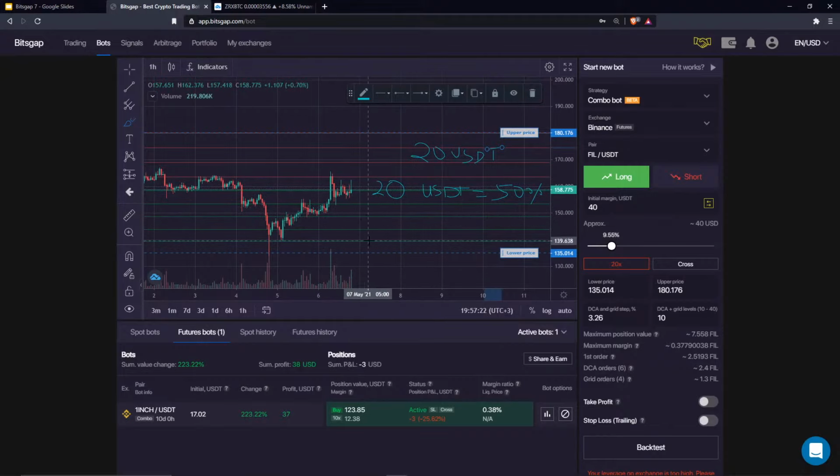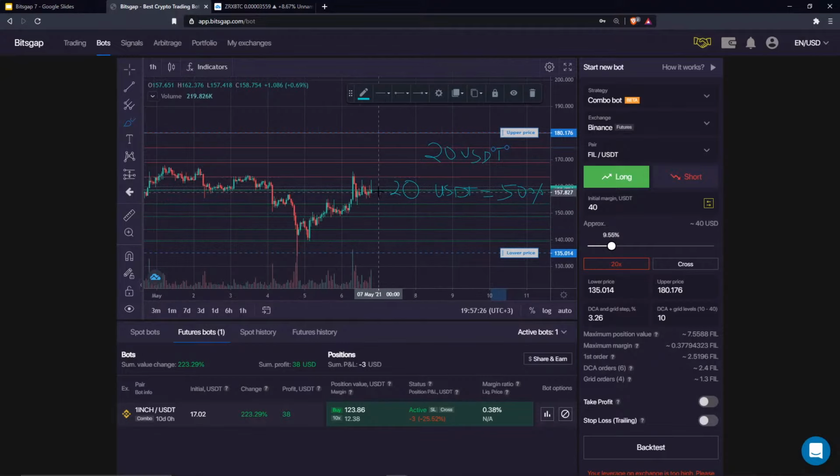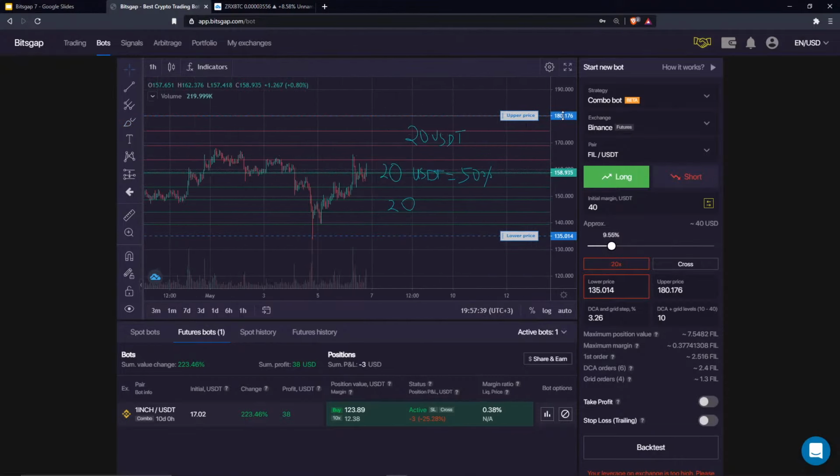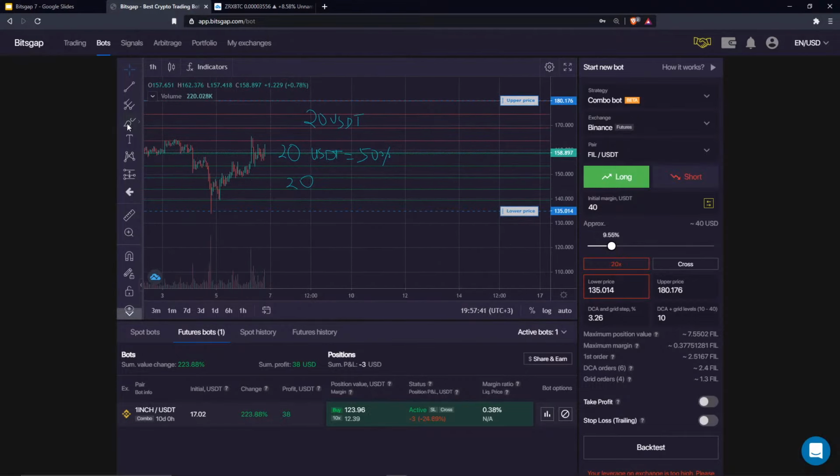Also, we have DCA buy orders below in case the price falls, so it will increase my exposure and adjust my entry price the same way it does in the spot market with the SBot and the classic bot. So here we also have $20. But another thing that we enabled is that even below this first layer of DCA orders, we have another one, which is invisible, but we have it here.